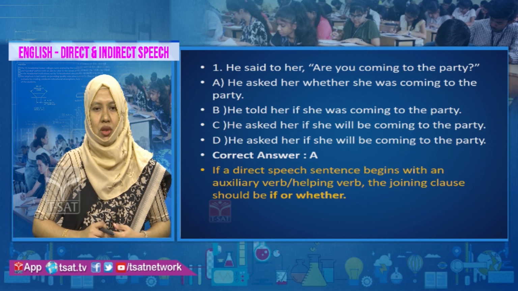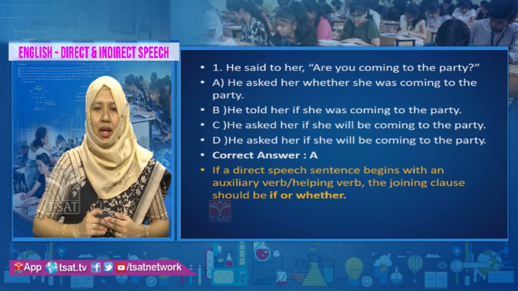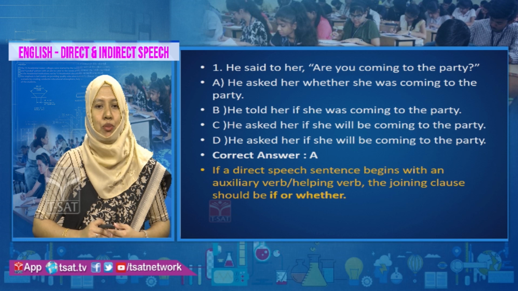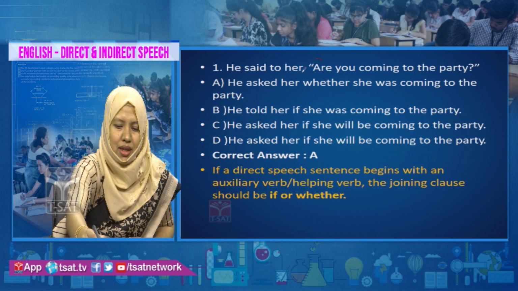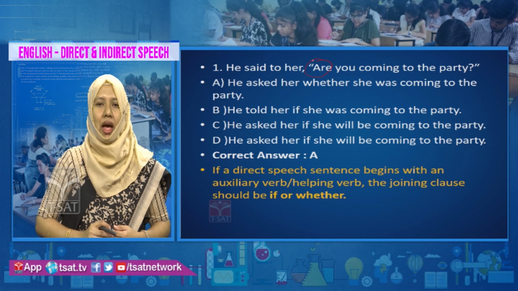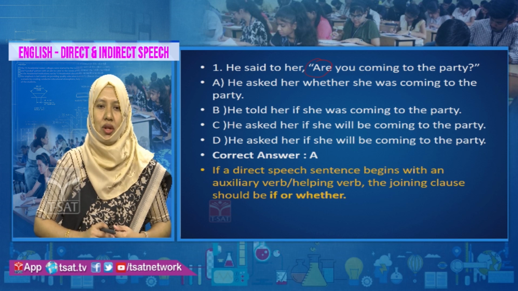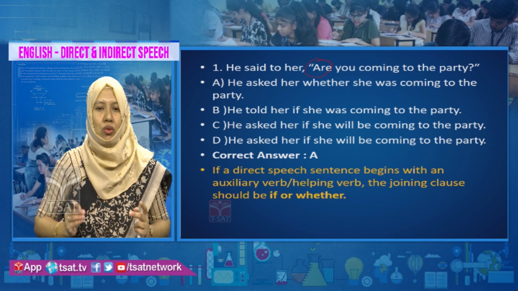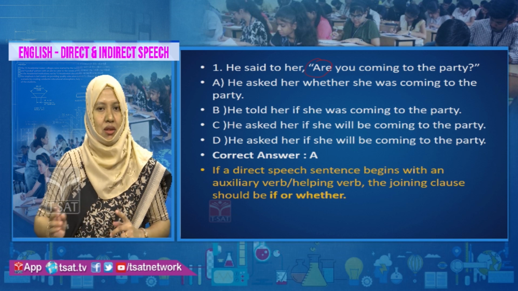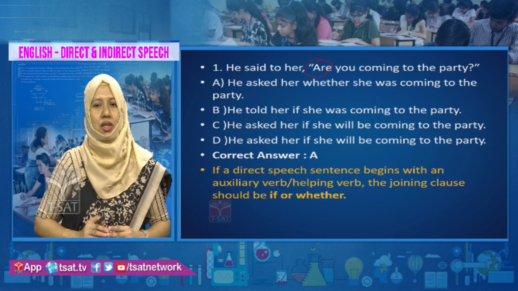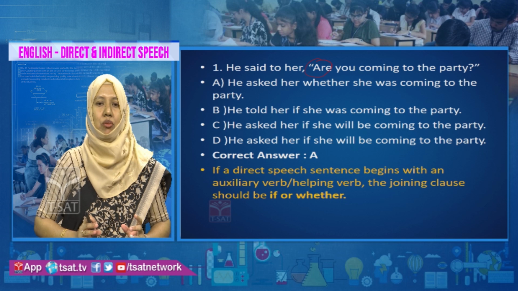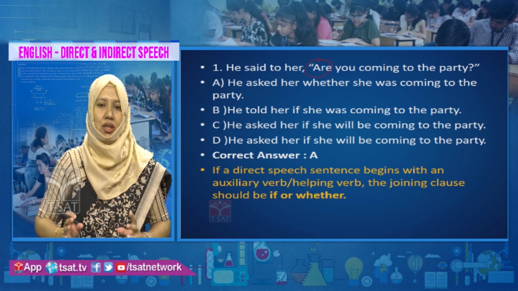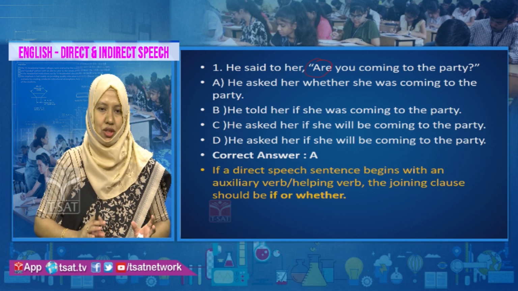Now, if a direct speech sentence begins with an auxiliary verb, here you can see that there is an auxiliary verb. Am, is, are, was, were, these are all auxiliary verbs or helping verbs. When you are reporting in indirect speech, that auxiliary verb only will become the conjunction. There is no need of using another conjunction.